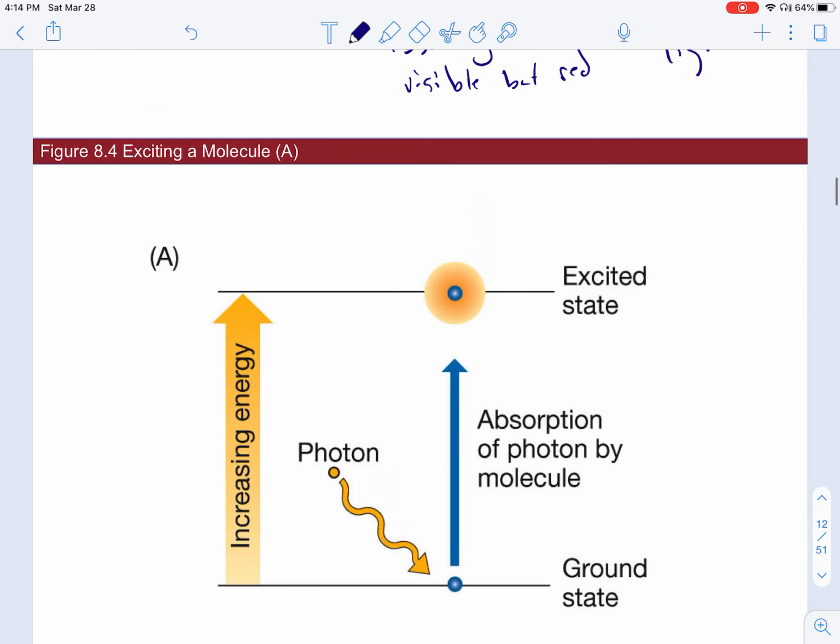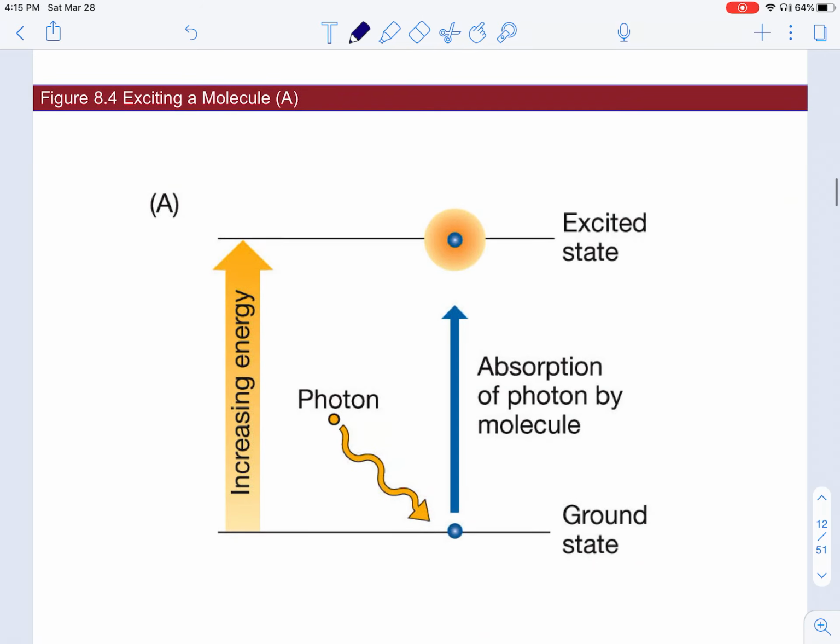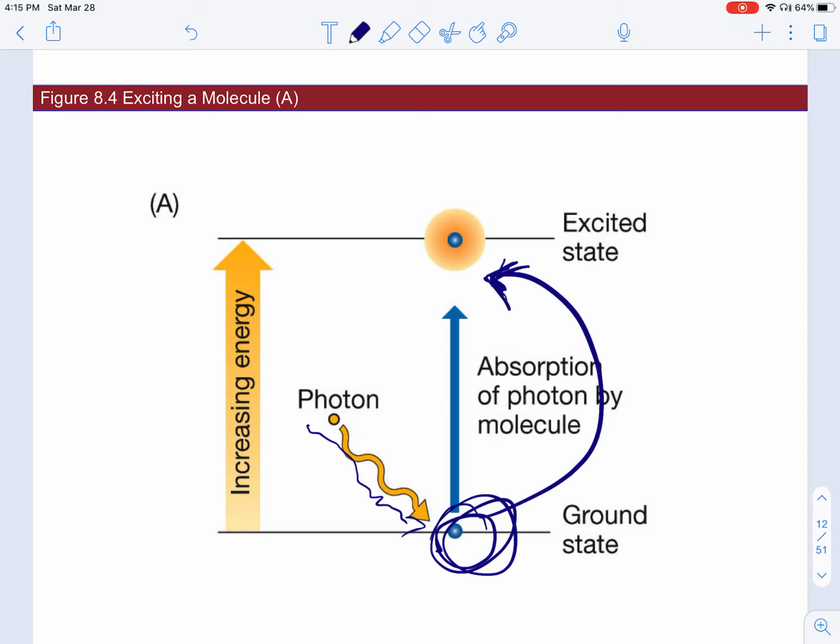Okay, so what happens when a pigment absorbs the energy of that light is that it excites the electrons in that pigment. So here's a photon of light, boom, it hits an electron, it excites it to push it up to a high energy state.